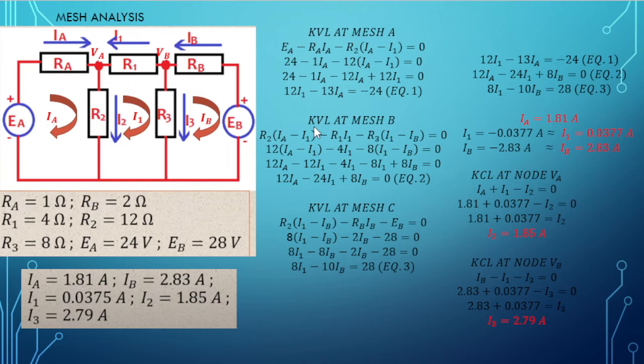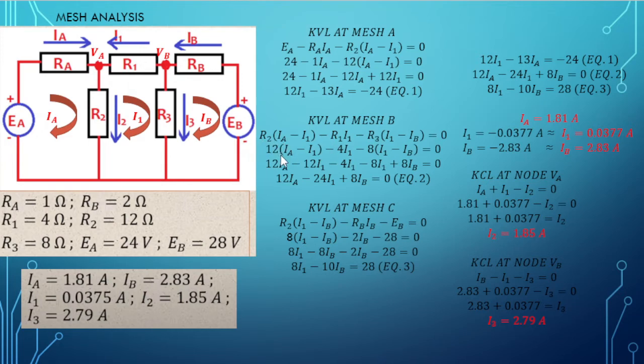Then for mesh B, we're going to also use KVL. So in mesh B, we have R2 times IA minus I1, then minus R1 I1 minus R3 times I1 minus IB equals 0. So put the values.